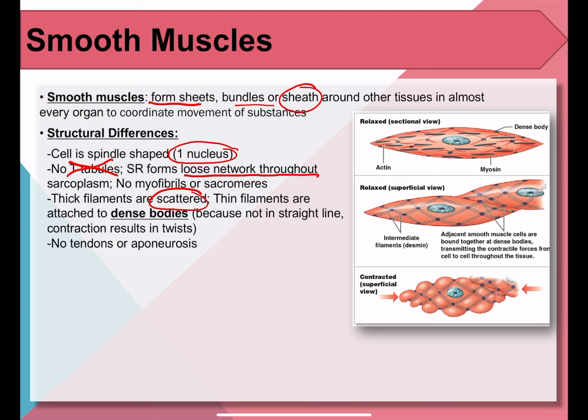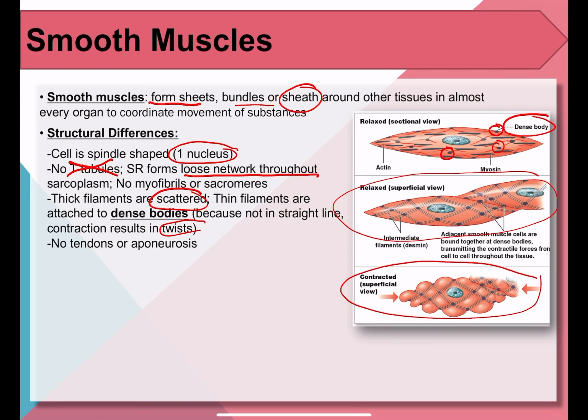The thin filaments are attached to these blue dots you're seeing here called dense bodies. And because it is not in a straight line, a smooth muscle fiber's contraction doesn't result in a linear contraction. It actually results in twists. So this is a relaxed smooth muscle, and this is a contracted smooth muscle.